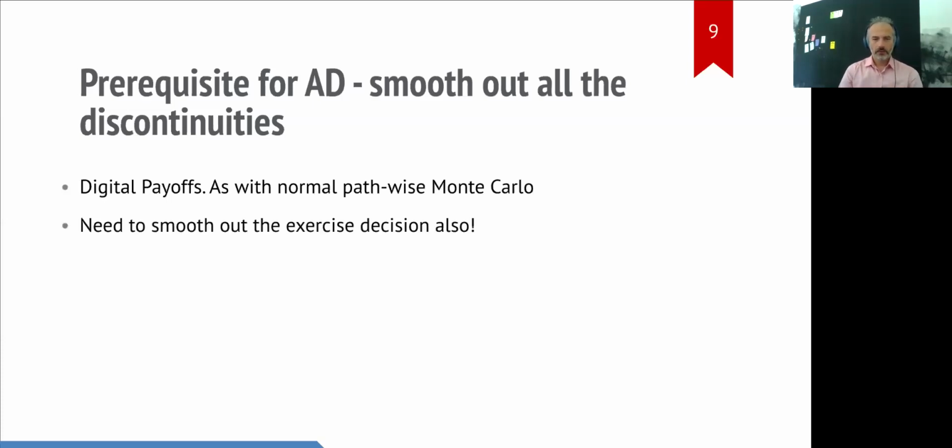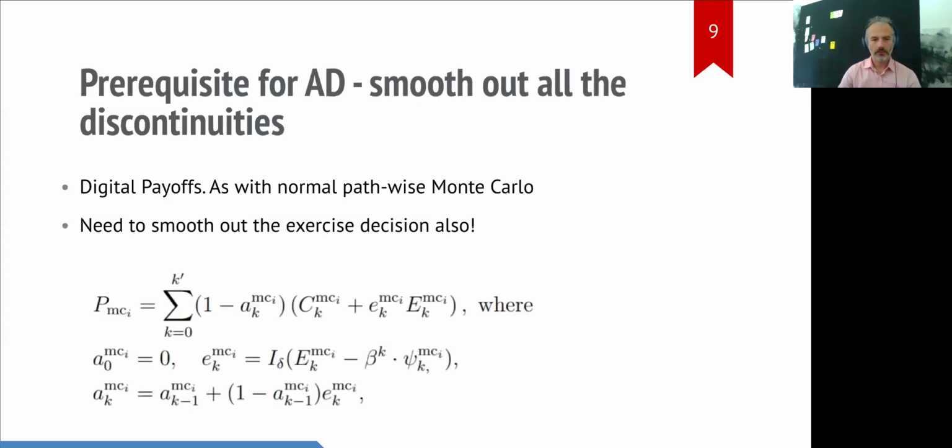And what we also need to do is smooth out the exercise decision. The reason for that is because if your exercise strategy given to you by regression is not perfect, meaning hold value is actually not equal to exercise value, you do have a discontinuity there transitioning from hold to exercise back and forth. And this needs to be smoothed.